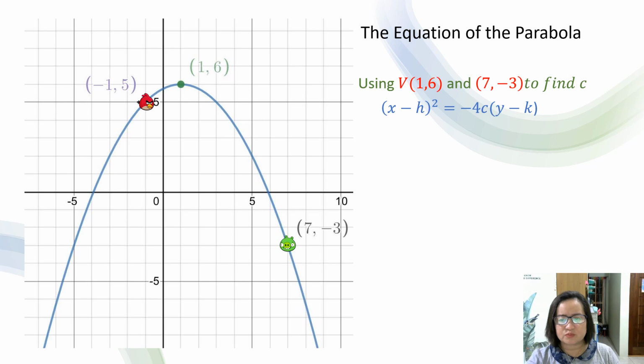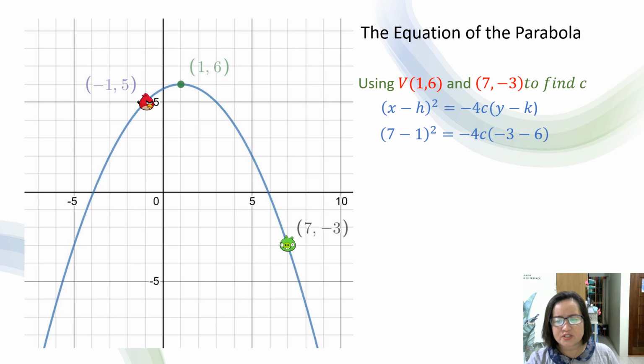We substitute the values of the variables. So x is 7, h is 1. Now y is -3, while k is 6. So we replace those with the given values.